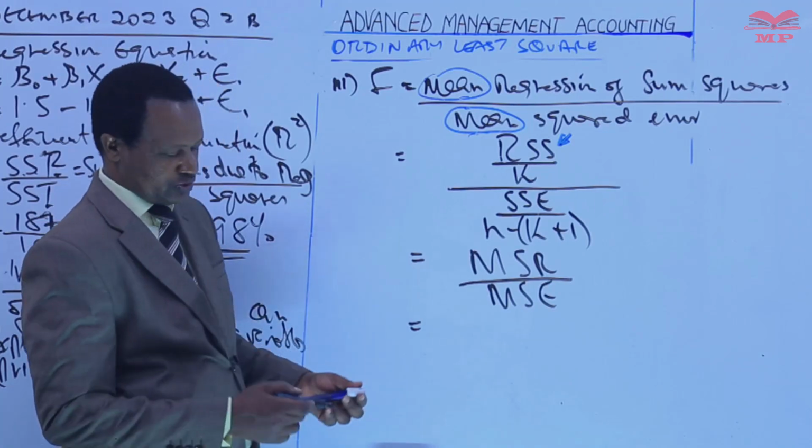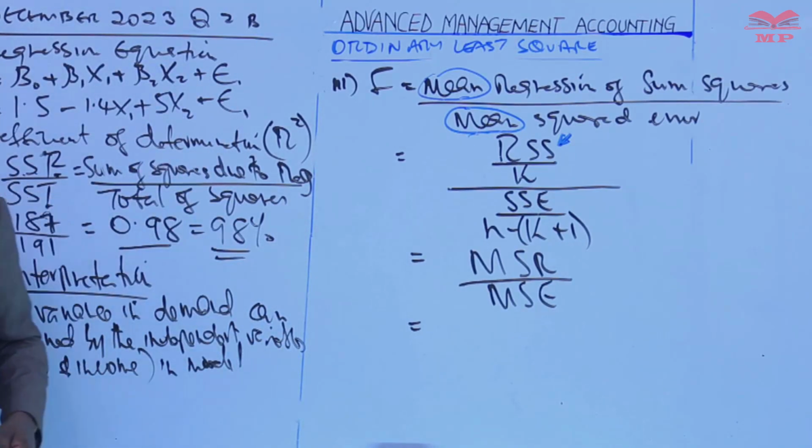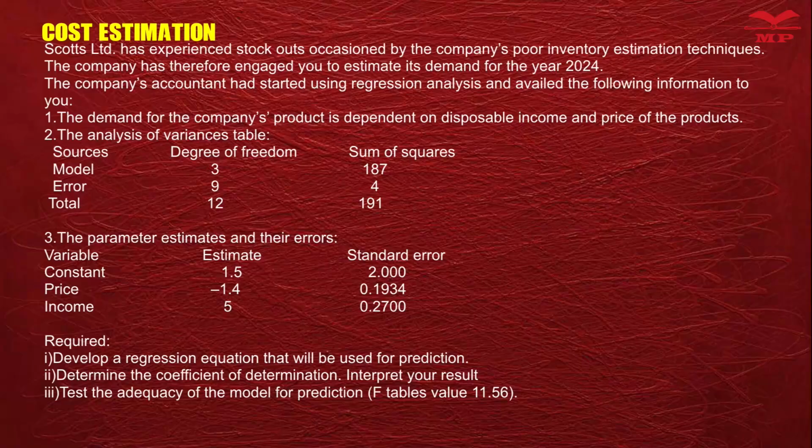So from the question, we have these values. Look at the question. Do we have the values? What is our RSS? RSS is 187. The sum of squares is 187. It has already been calculated, so just insert the input.